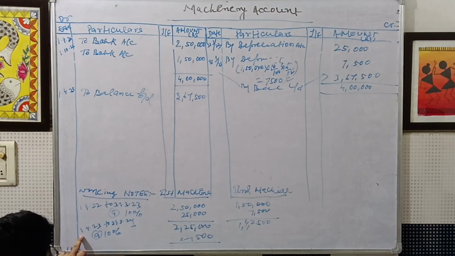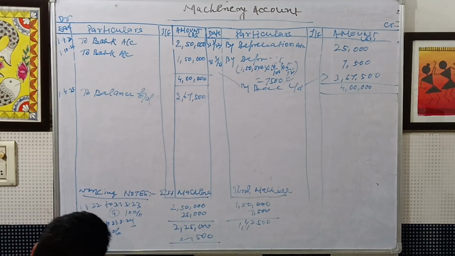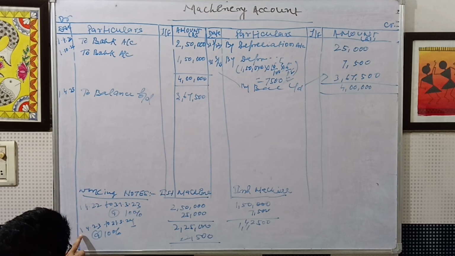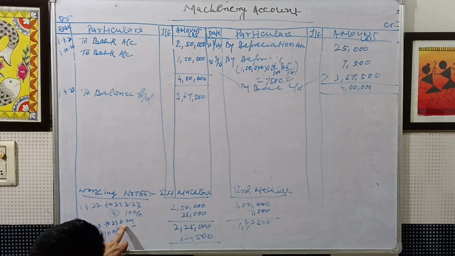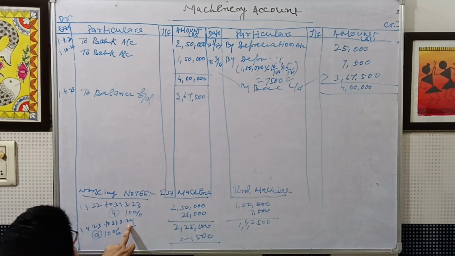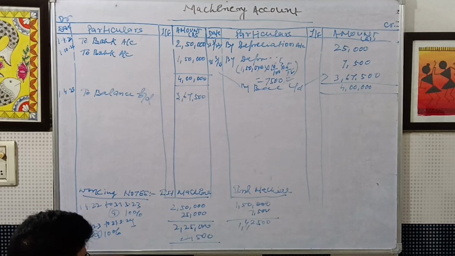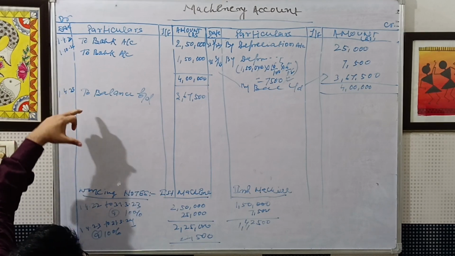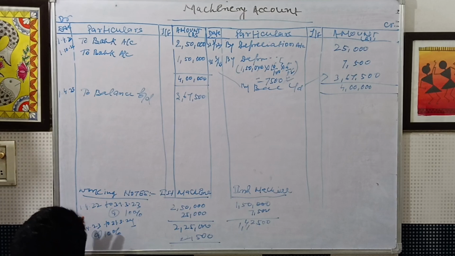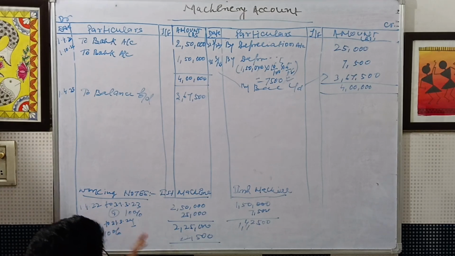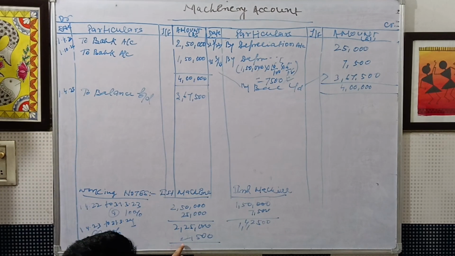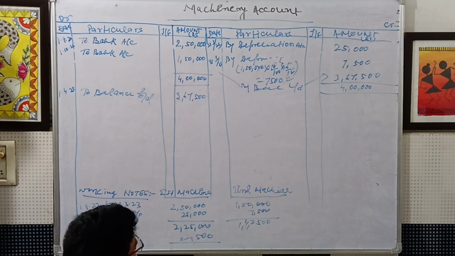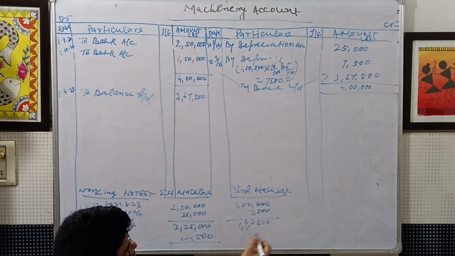This is not a calendar year, this is a financial year, 1/4/23 to 31st March 24. What is the difference between a calendar year and a financial year? A calendar year is January to December and this is April to March. So this time 22,500 is the depreciation charged here, and here is 1,42,500.